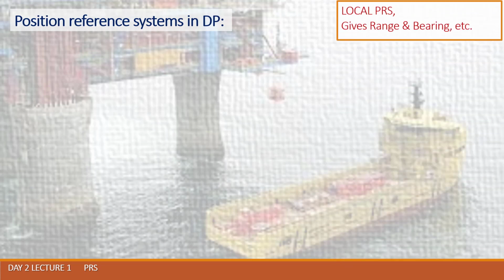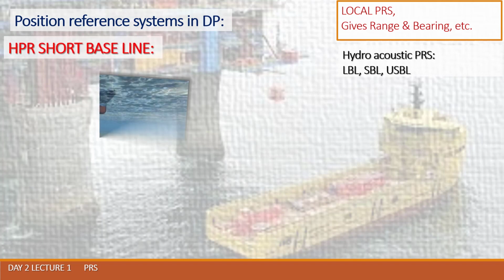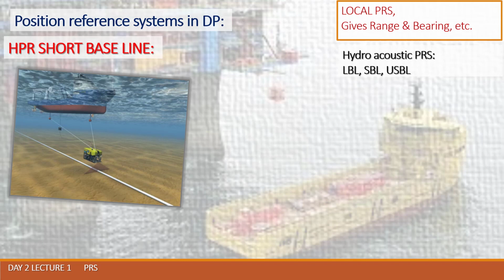So now let's talk about the short baseline system. In a short baseline system, the distance between two separately mounted hydrophones or transducers mounted on board of the vessel creates the baseline for calculations.